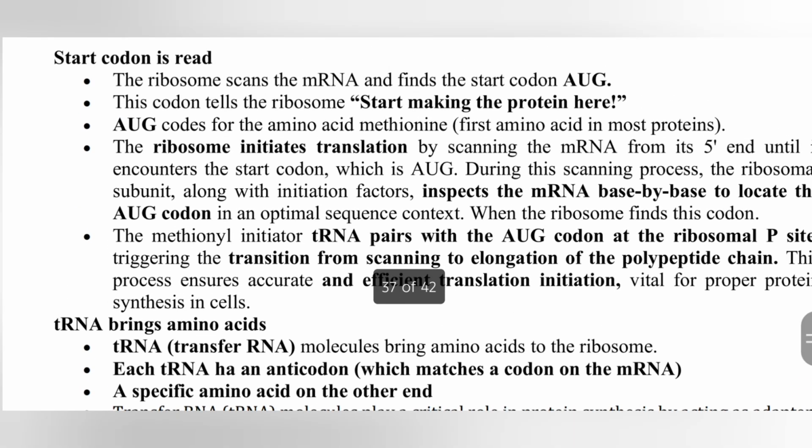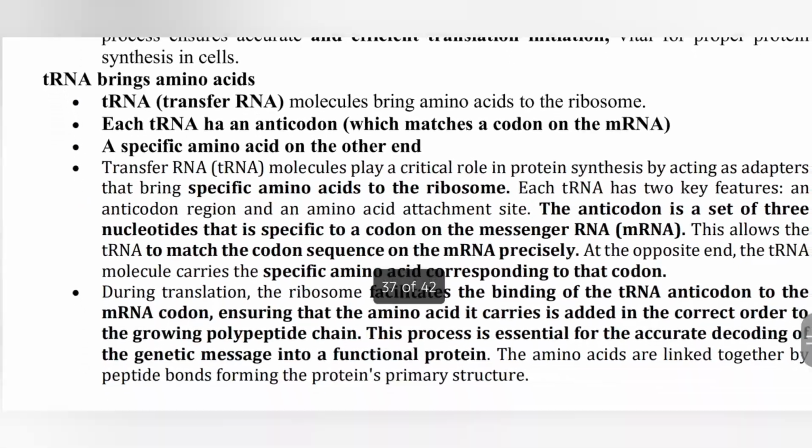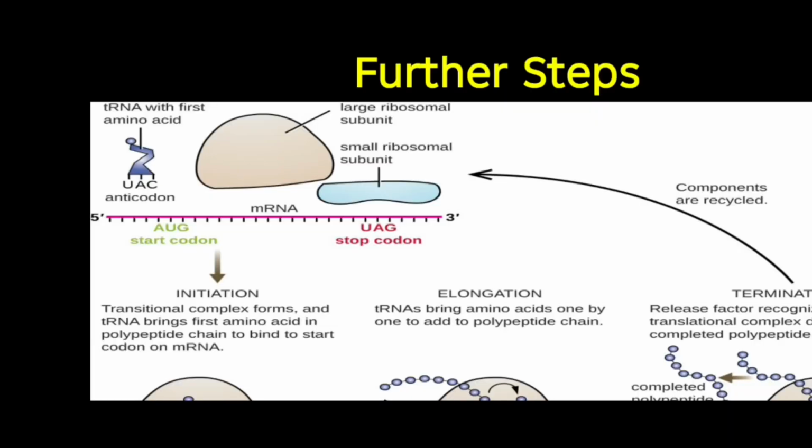So here the initiation of the process starts. The first amino acid should bind with the start codon, meaning AUG, to initiate the process of protein synthesis.